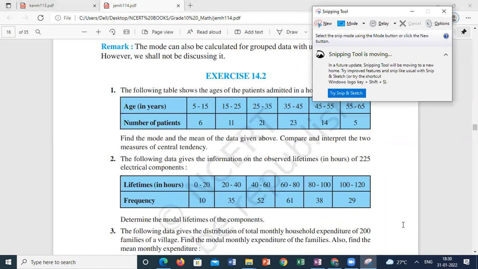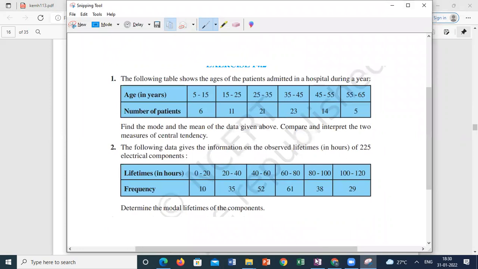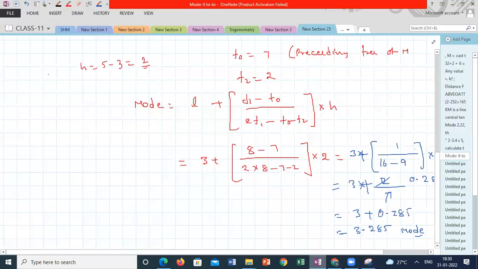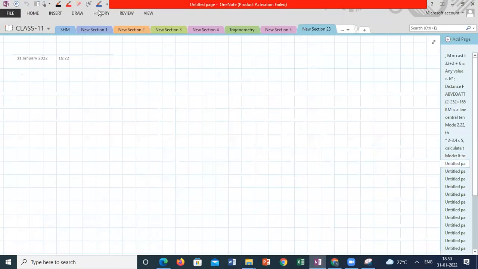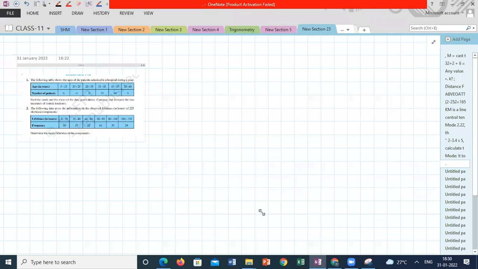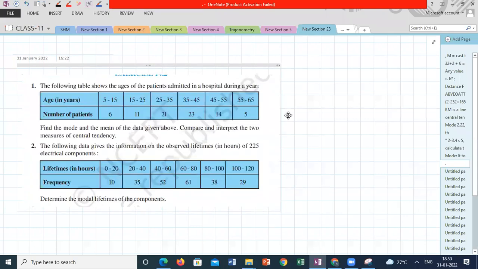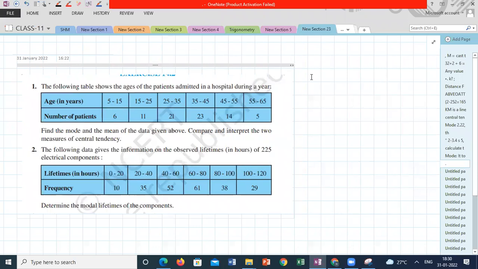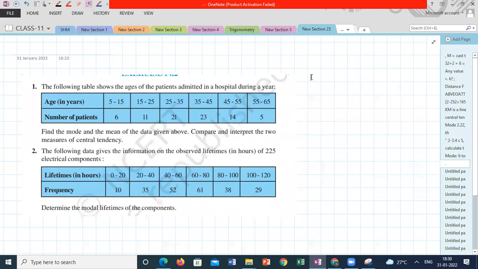Just we'll write the formula and identify the formula parameters. How to do this question?